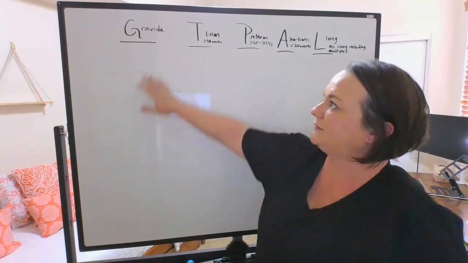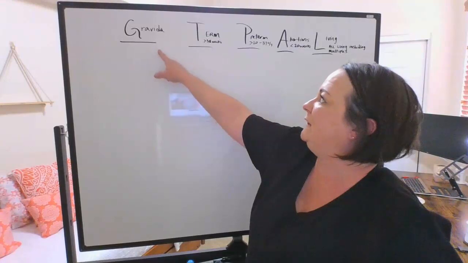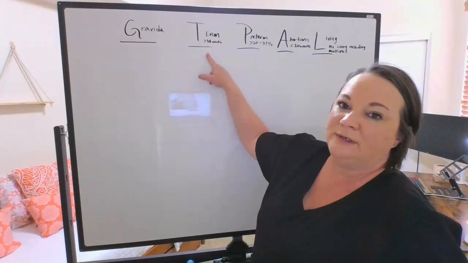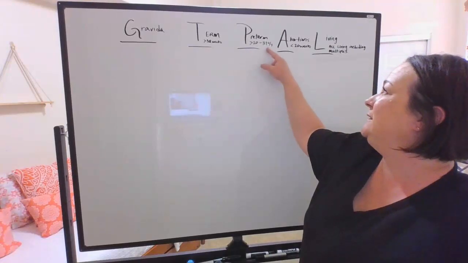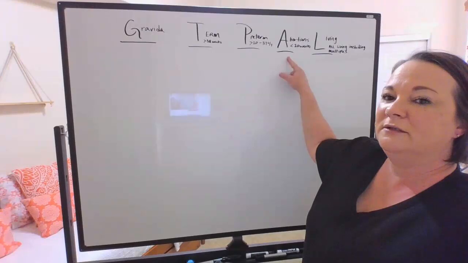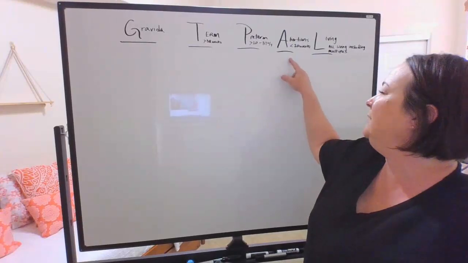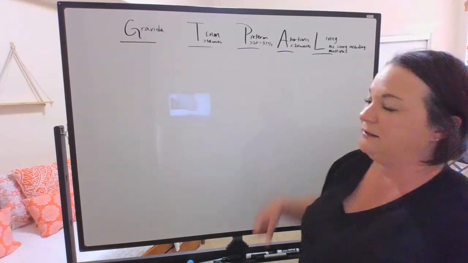I just wrote what they mean so you can learn it better. So gravida, term greater than 38 weeks, preterm greater than 20 weeks to 37 and 6/7 weeks, abortions less than 20 weeks, and then all living children at the end here.